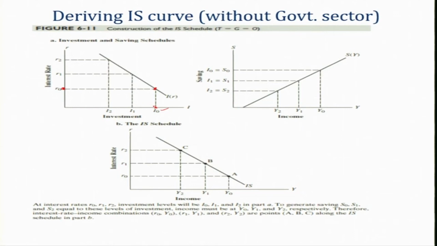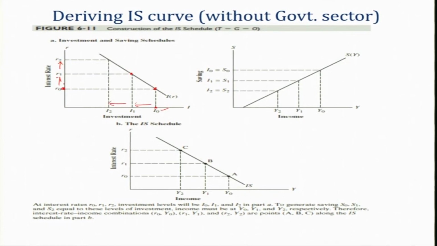This amount of investment, I0, is shown in the schedule. When the rate of interest increases to R1, investment declines to I1, and if the rate of interest further increases to R2, investment decreases to I2.